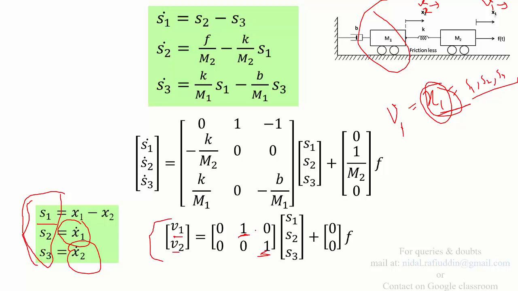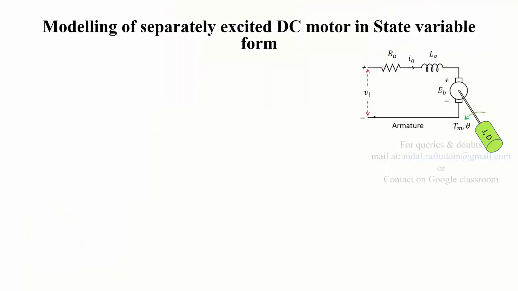Now, with this knowledge that we learned for electrical and mechanical systems, we'll try to model a separately excited DC motor in a state variable form. You learned how to obtain the transfer function, the block diagram, and the signal flow graph of this motor, and now we'll try to obtain the state space representation.